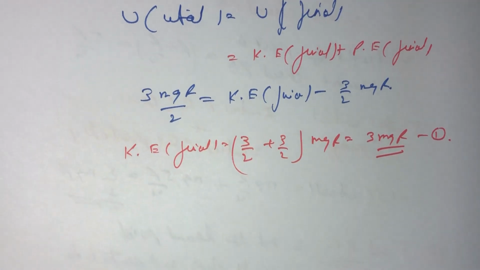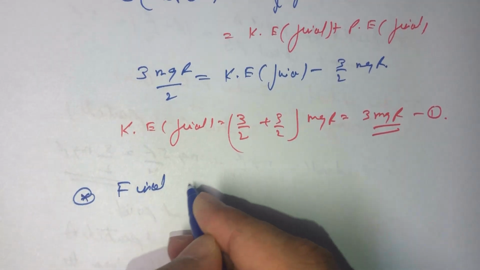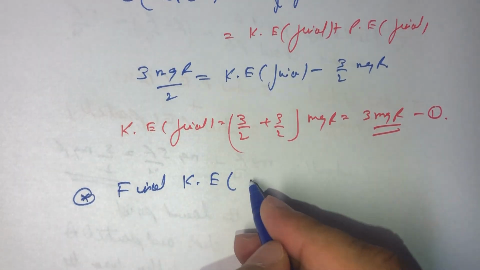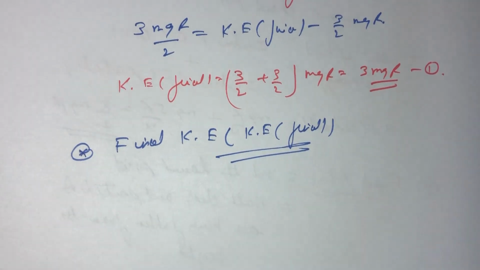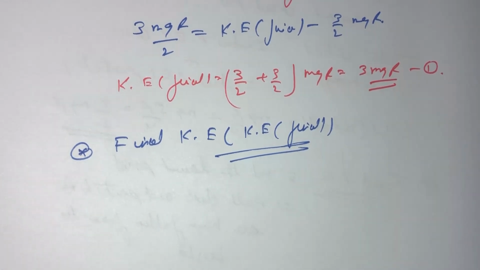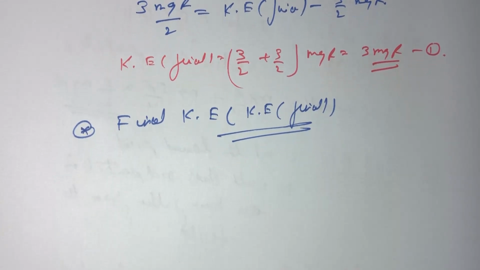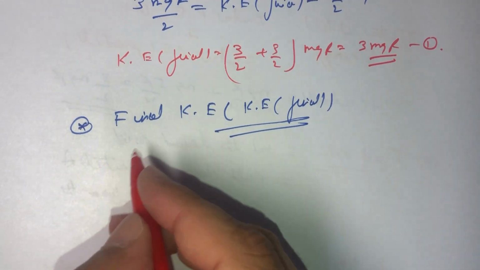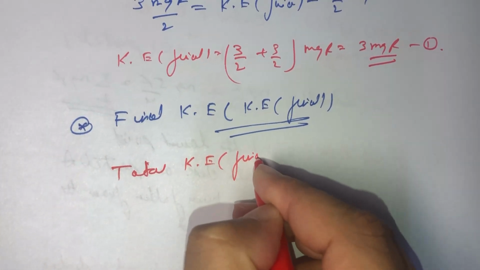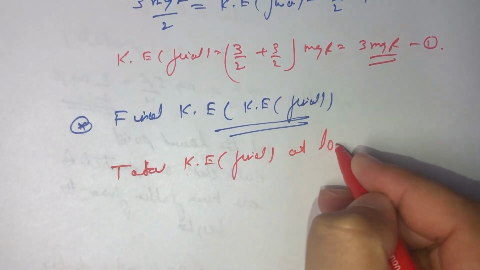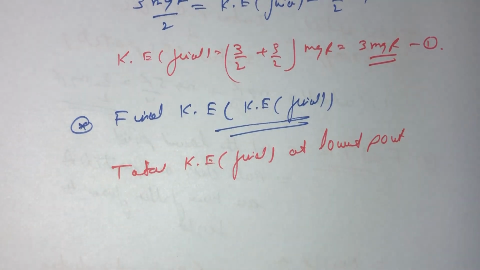We can say that our final kinetic energy, which I have already written as KE final, is the total kinetic energy at the lowest point, that is after rotation, and it will consist of two parts.